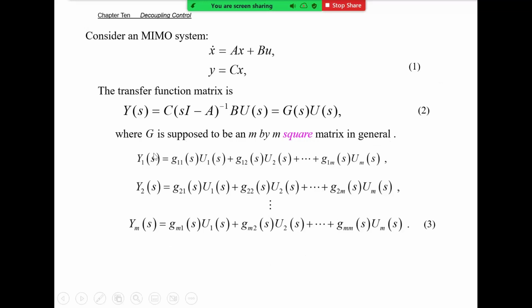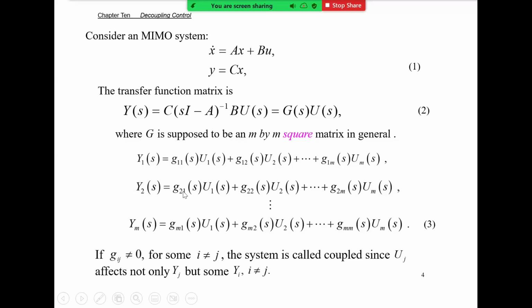If we write down the expression for all the outputs, it will be in this form. You can say that y1 will be affected by u1, u2, all the inputs. So the second output will also be affected by all the inputs together.